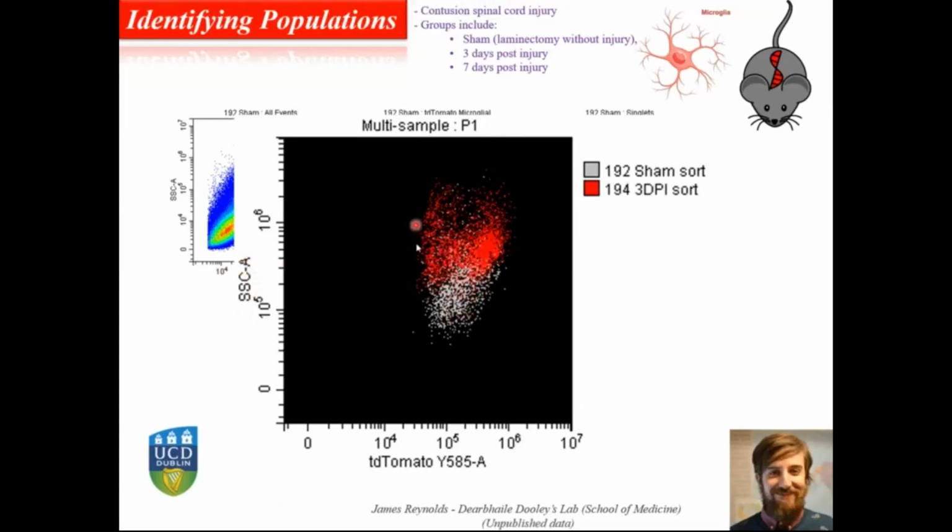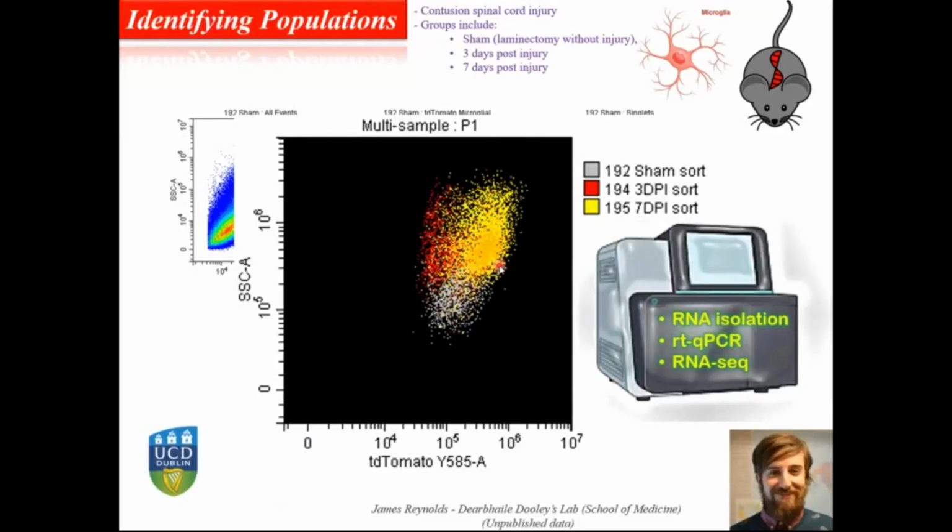And it looks like we have 2 different levels of expression. And finally, on day 7, what we can see is the side scatter remains higher, but the expression of the tdTomato is going even higher. So in this case, what we are trying to do is even further differentiate these kinds of microglial cells, and of course, go into RNA analysis afterwards.